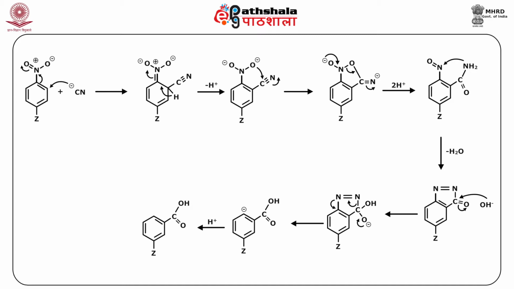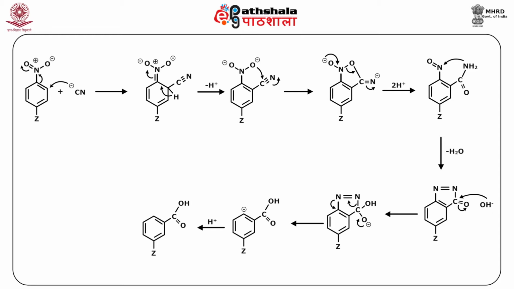Now you can see by a series of intramolecular rearrangements, you finally arrive, the substitution is at the ortho position to the initial nitro group, that is the substitution is of the carboxylic group ortho to the nitro group present.